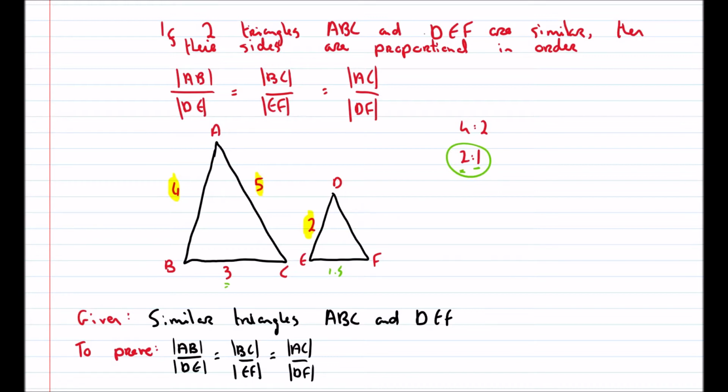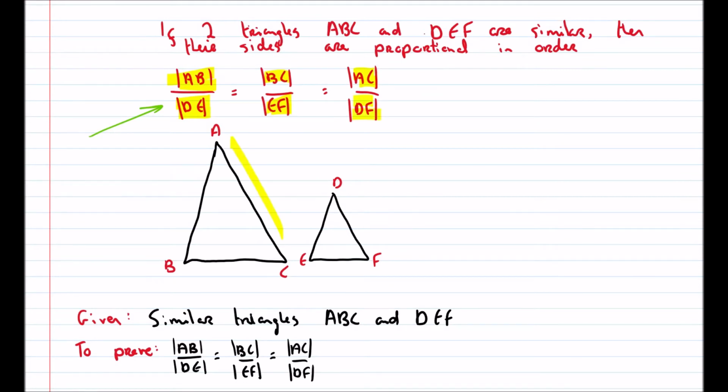We know that because we've seen it at junior cert level, but now we need to prove it. So that's what this here means, really. The ratio of the lines AB to DE, so if you look down the triangles, AB, DE, the relationship of those is going to be the same as the relationship between BC and EF, and the relationship between AC and DF.